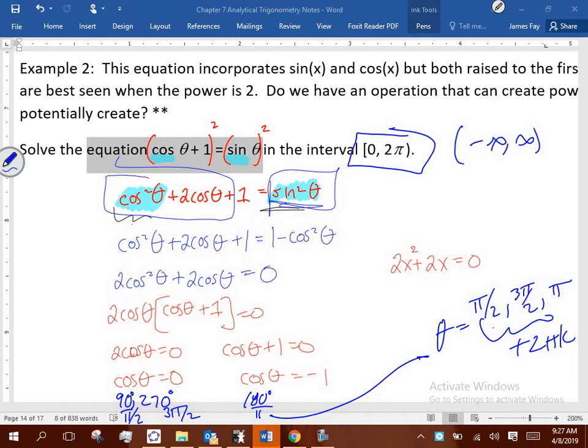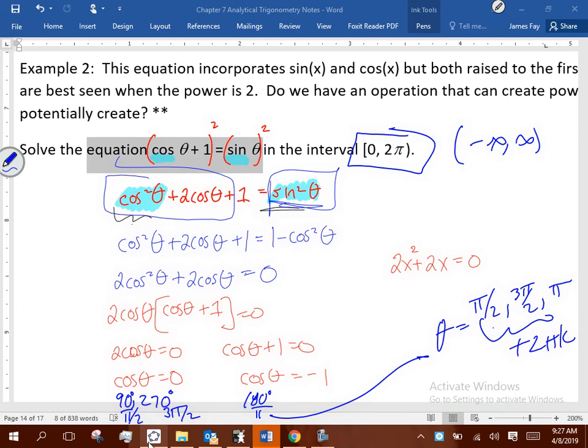They don't want redundant solutions inside that interval. It's not really a big deal, but that's the reason one of them's closed off and one of them's open. If you include 0, they don't want you to include 2 pi. Is that all right? Okay, so that's an example of having to square things.